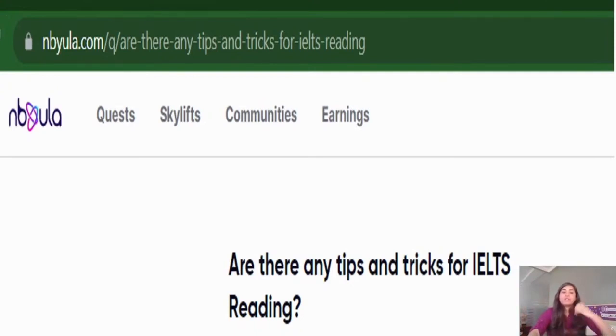Another thing that you can do is understand the type of questions that will come up during the exam, and then practice those so that you know how to answer each and every question, so that it's not a surprise during the exam. You might be practicing certain questions. What happens is we get comfortable practicing certain questions.